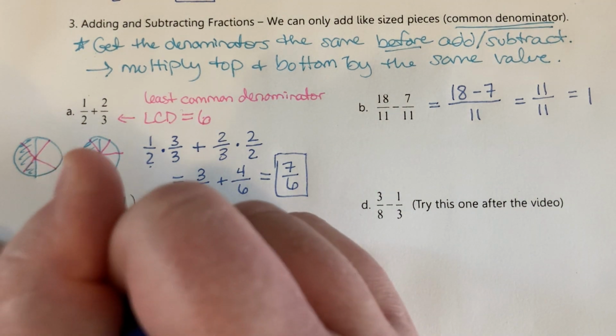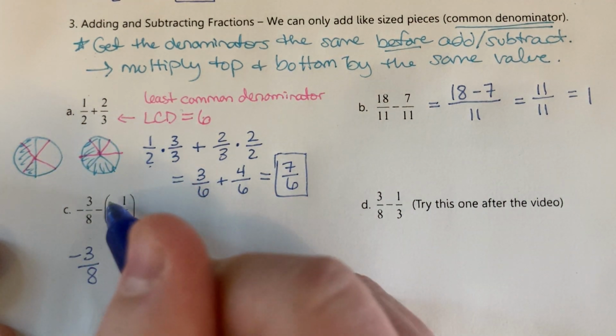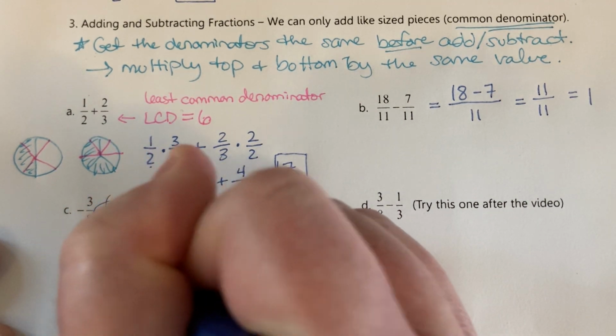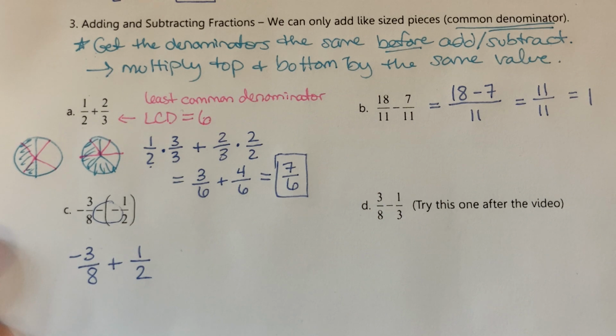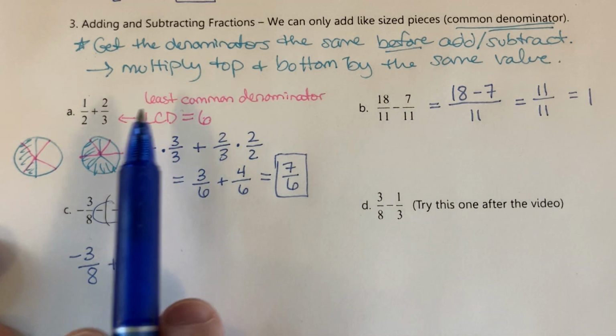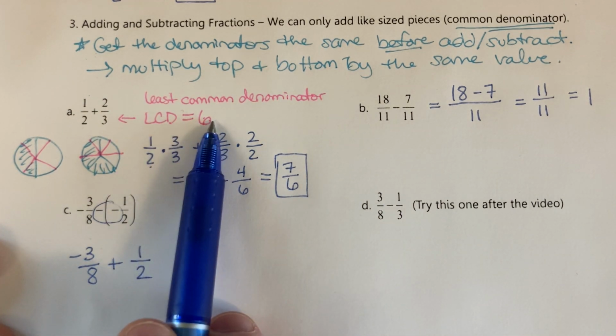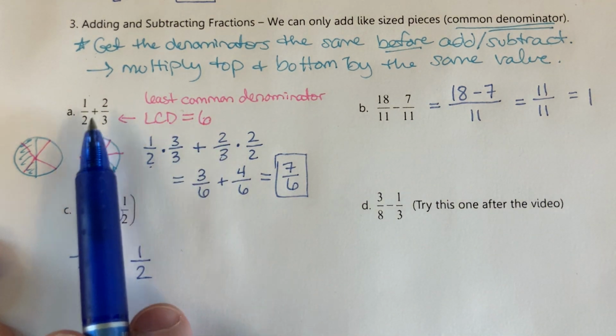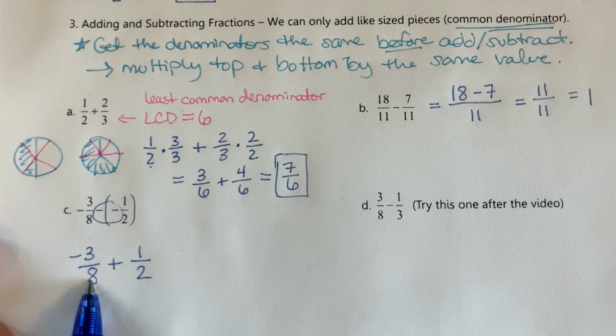Negative 3/8. I'm going to put the negative up on the top. But minus a negative changes that to a plus 1/2. Now, we want to find the least common denominator. One thing you might have noticed is that you could just do 8 times 2 and get 16.